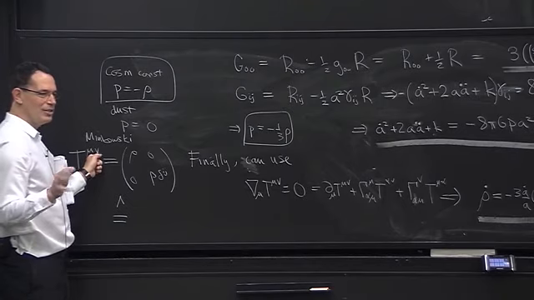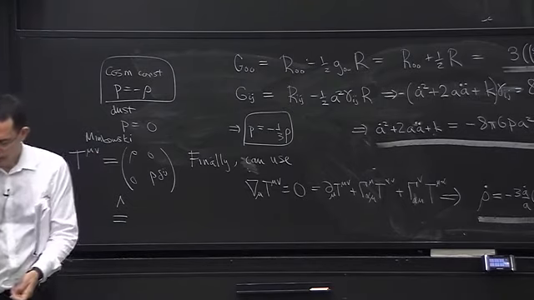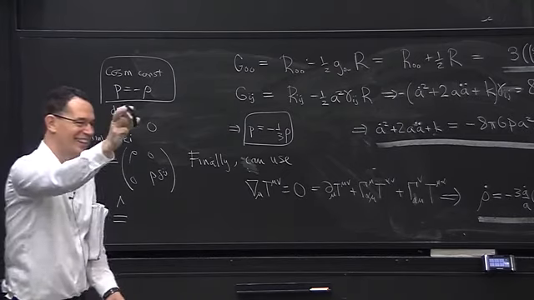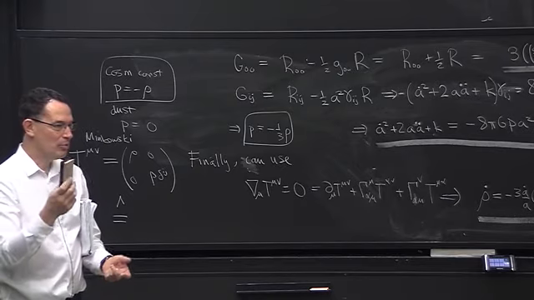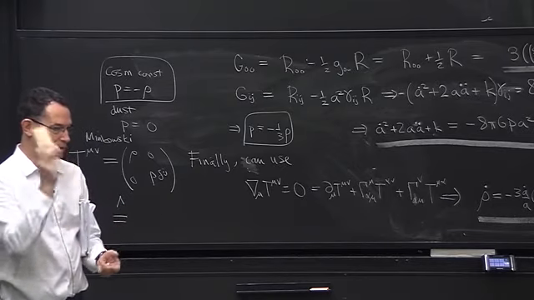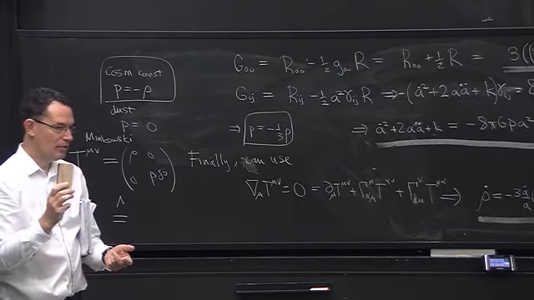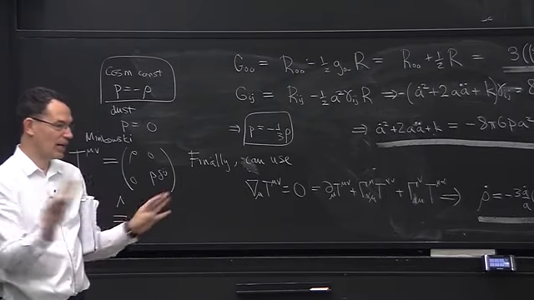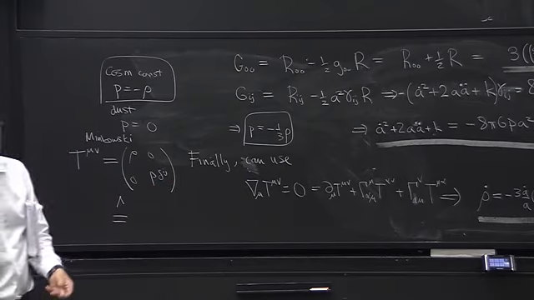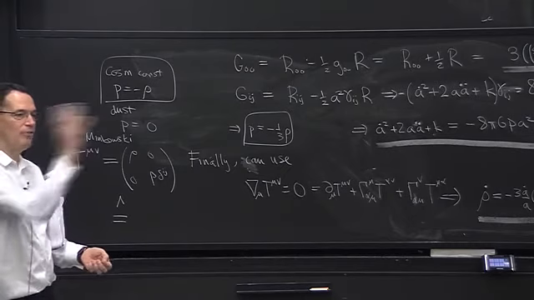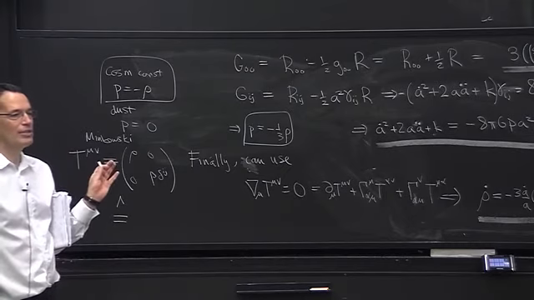See, ordinary matter, if I throw this at you, it has more energy. So T mu nu is different in different frames for ordinary matter. For a cosmological constant, it's the vacuum, right? The definition of that type of matter is that it's Lorentz invariant. It doesn't matter how fast you travel, it will look exactly the same.